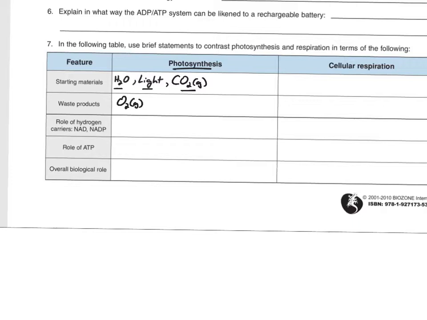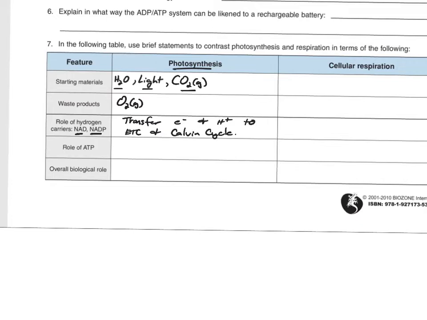What are waste products that it produces? Oxygen gas. What's the role of hydrogen carriers like NAD? Is there NAD in photosynthesis? No, it's NADP. What's the role of NADP in photosynthesis? Right, that's right. Transfer electrons and hydrogen ions to the ETC and Calvin cycle.